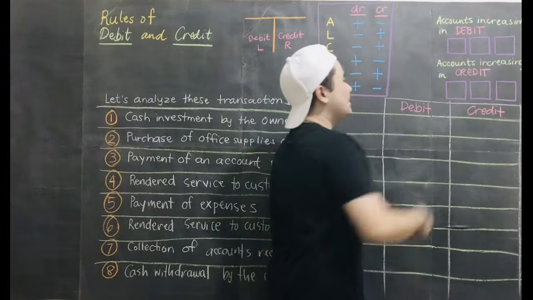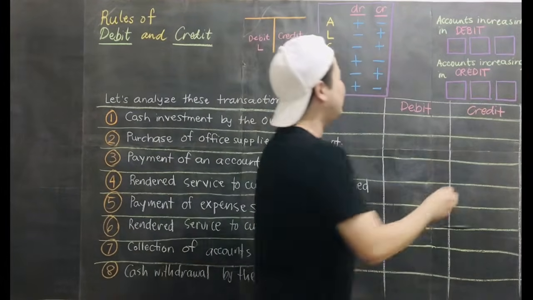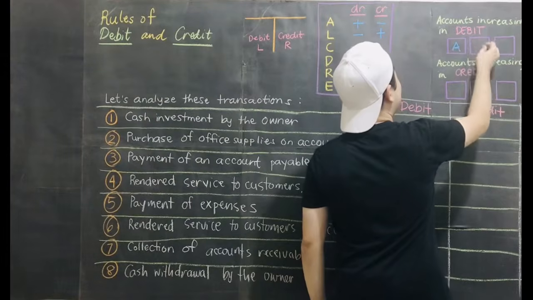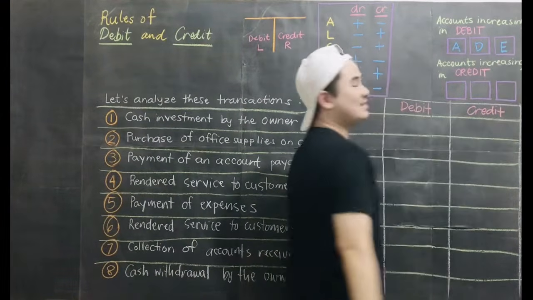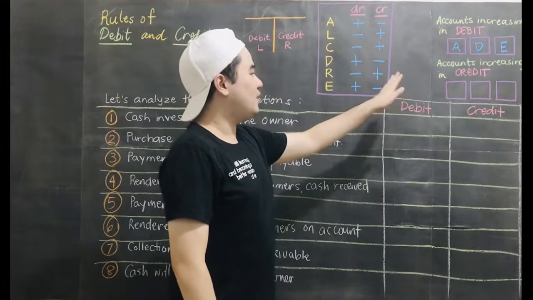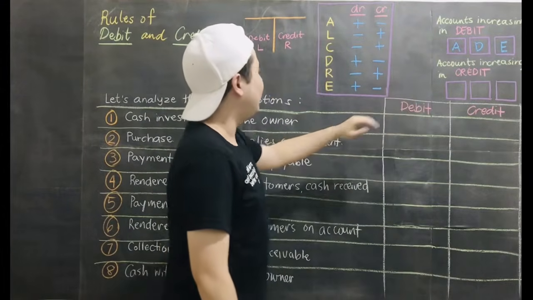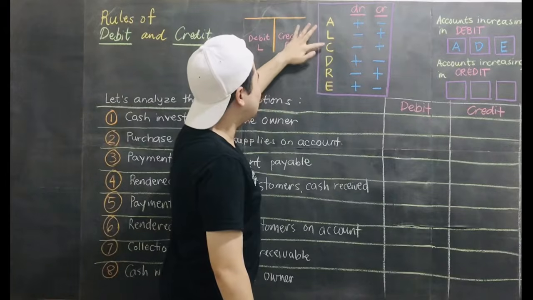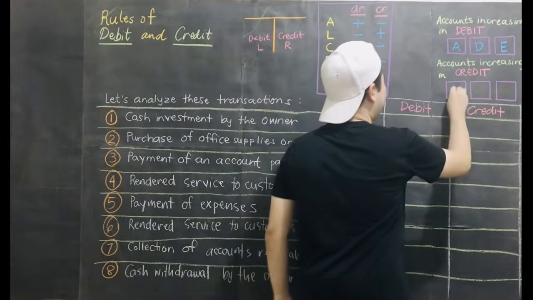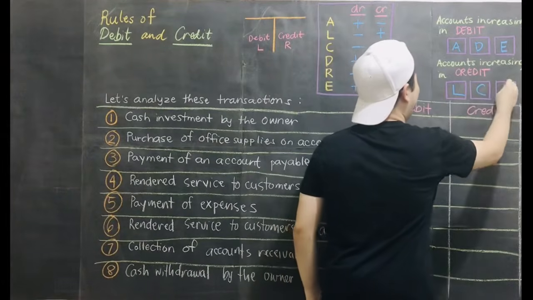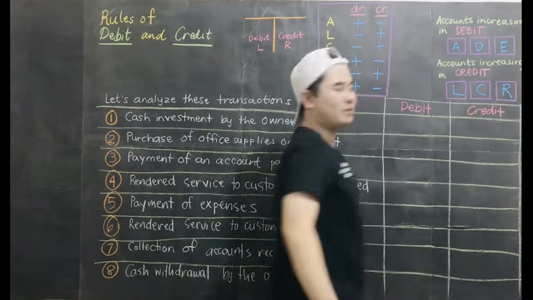So the accounts that are increasing in debit are asset, drawing, and expenses. And the accounts increasing in credit are liabilities, capital, and revenue. Liabilities, capital, and revenue.